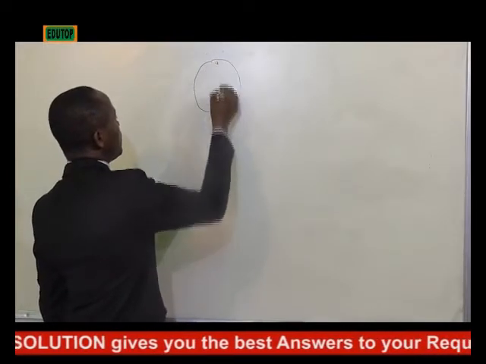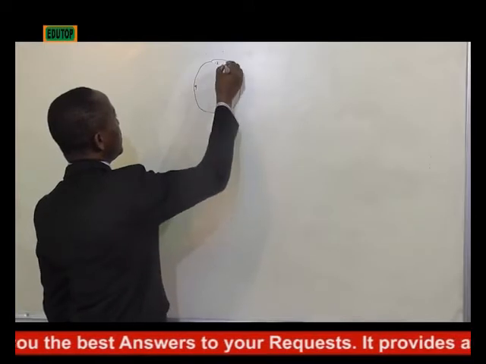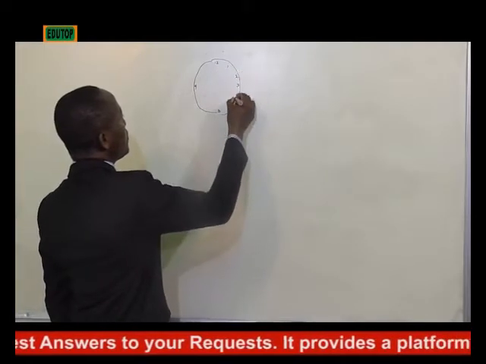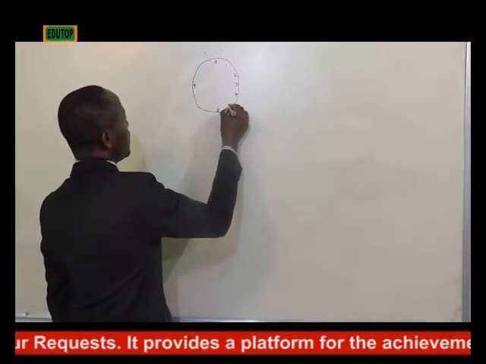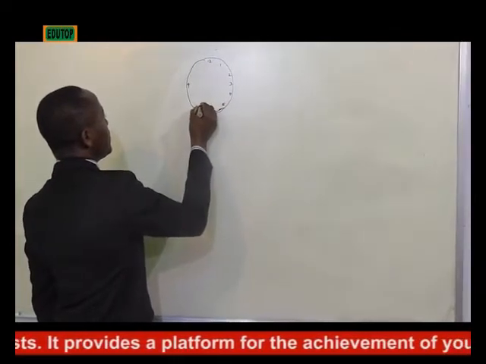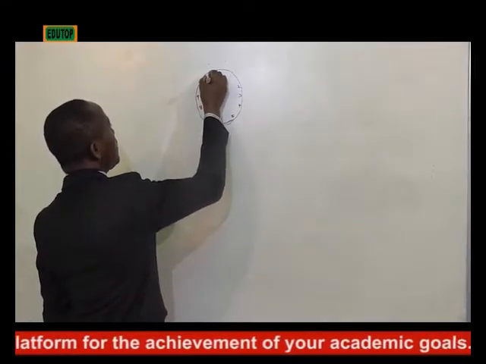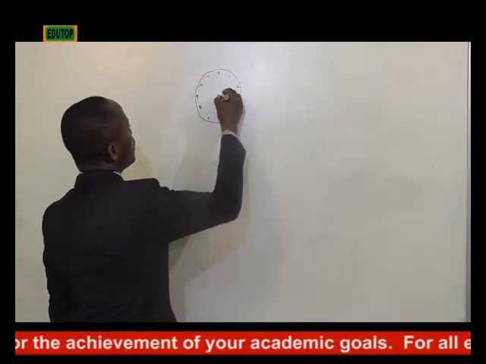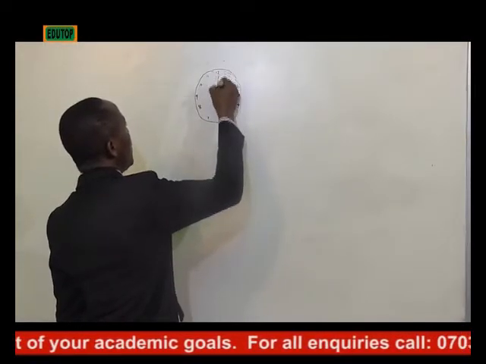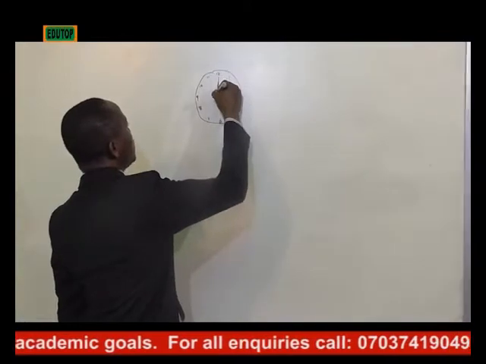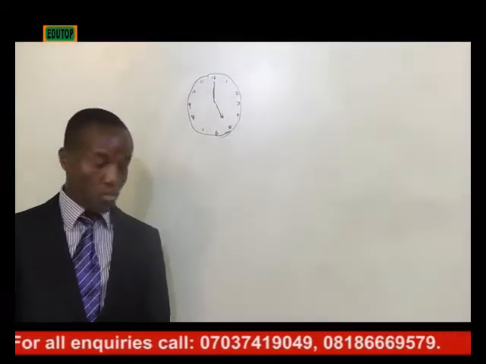These are 12, 6, 3, and 9. Then 1, 2, 4, 5, 7, 8, 10, and 11. And we are told that the shorter hand was pointing to 5 initially. Now we are being asked, after 5 hours, where is it going to point to?